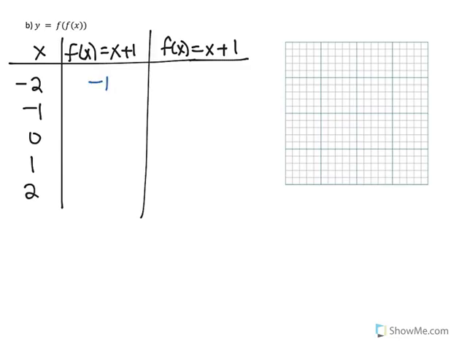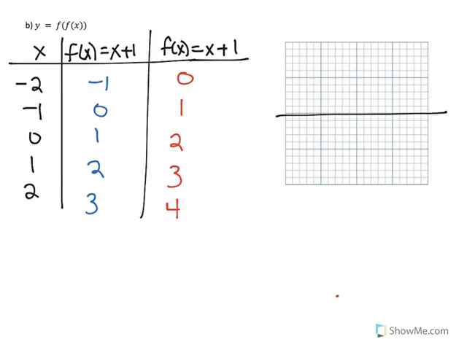And then we're going to plug it in again to get 0. So I want you to pause this, and I want you to fill in the rest of this chart. So you should have got 0, 1, 2, 3, and 1, 2, 3, 4.